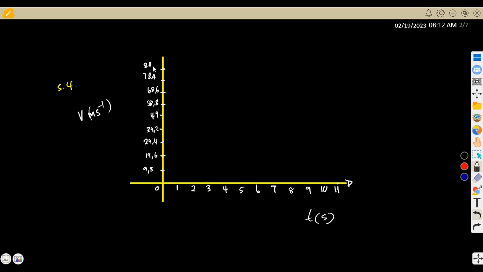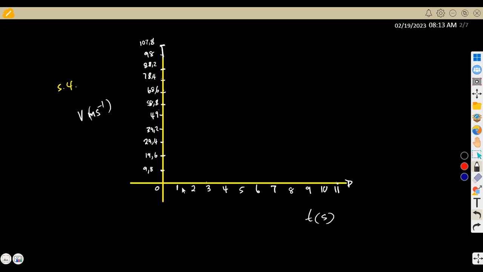Up to the last one, which corresponds with 11. So that is at 98. And the last one at top, that's 107.8. So it must correspond. So we've got 1, 2, 3, 4, 5, 6, 7, 8, 9, 10, 11.